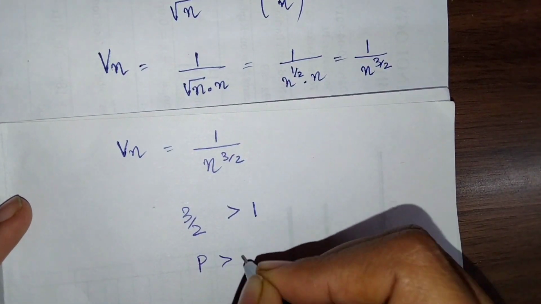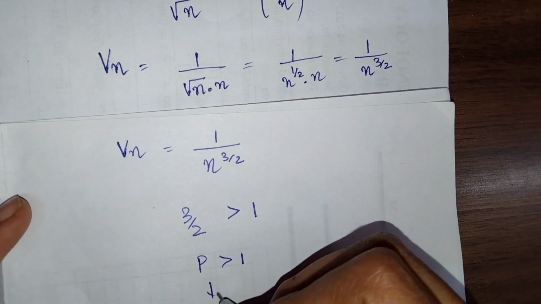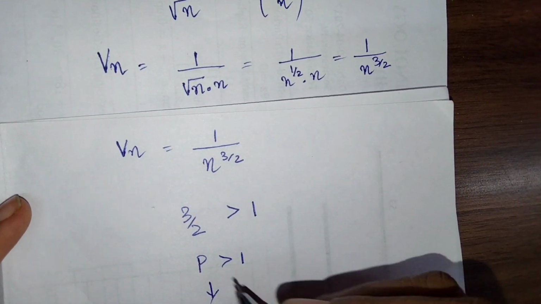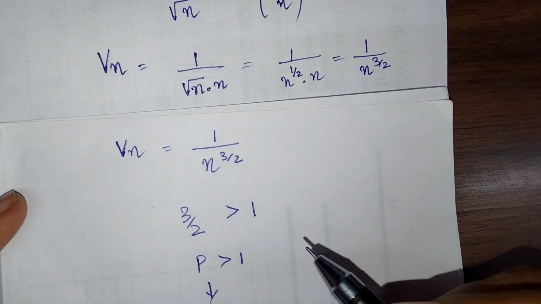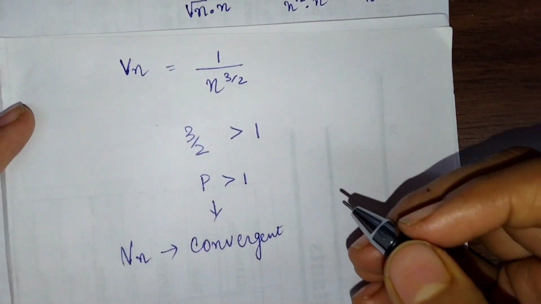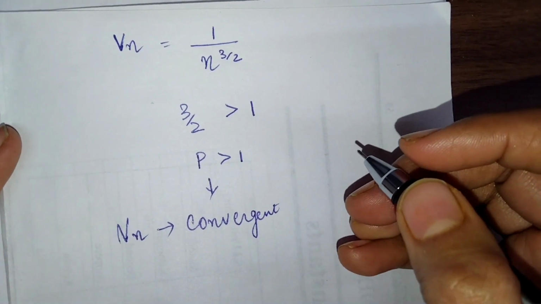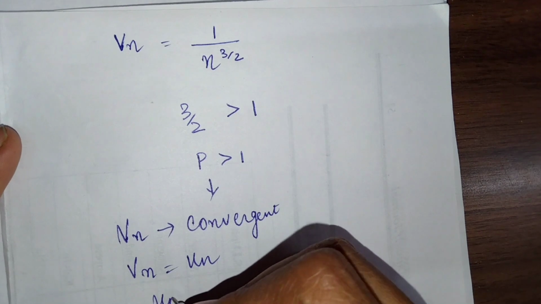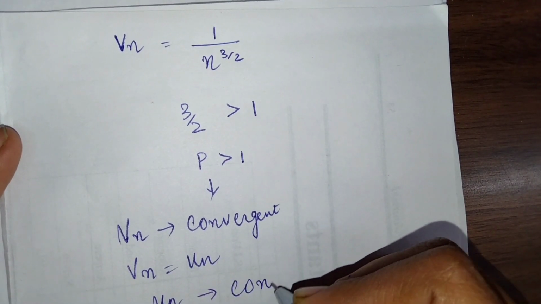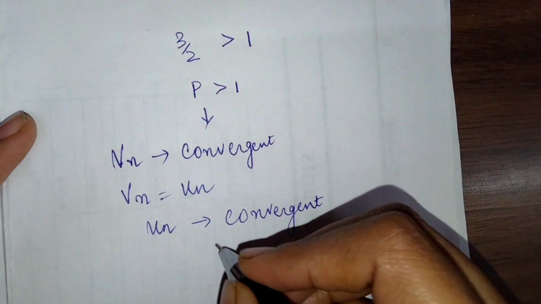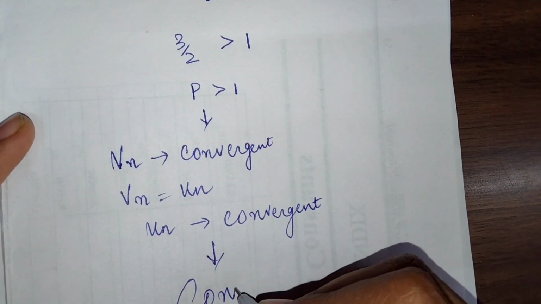So whenever p is greater than 1, answer is convergent. Okay, 3 by 2, that is 1.5, and 1.5 is greater than 1. So Vn is convergent, and as Vn is convergent, according to comparison test, Vn is equivalent to Un, so Un will be also convergent. Okay, so we can say that the answer of this question will be convergent.